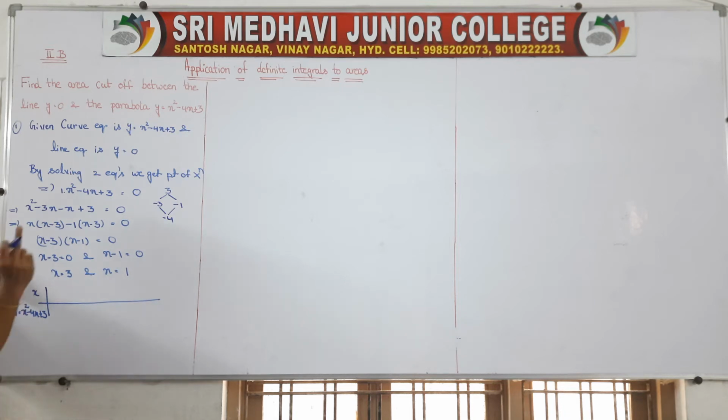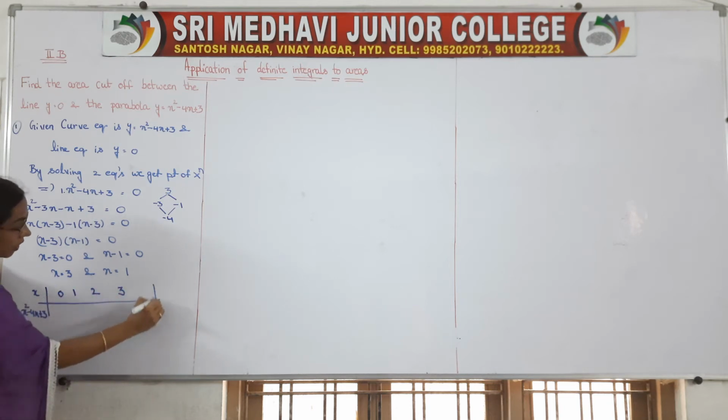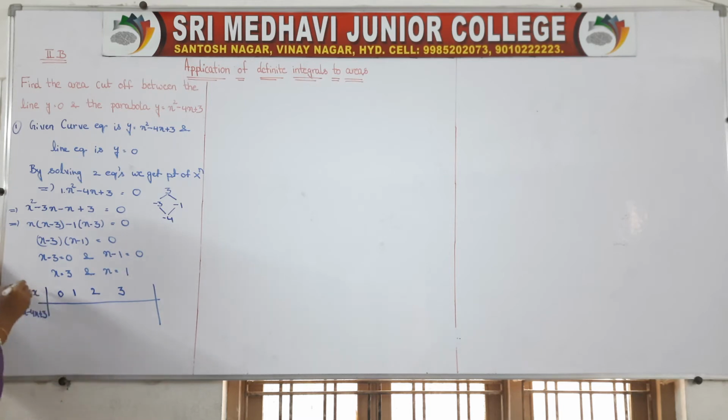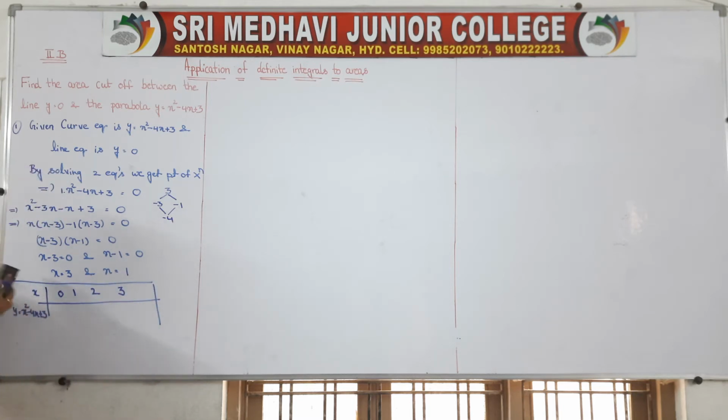This is your y value. So you take x values 1, 2, 3, so you take 0, 1, 2, 3. Now in this equation you substitute your x values, then you will get your y point.